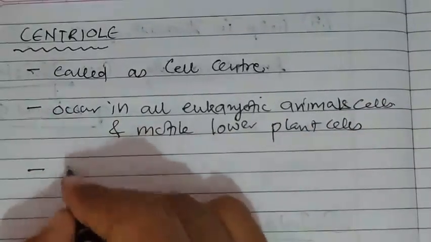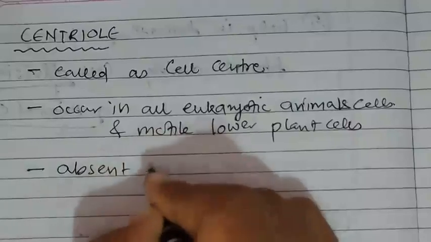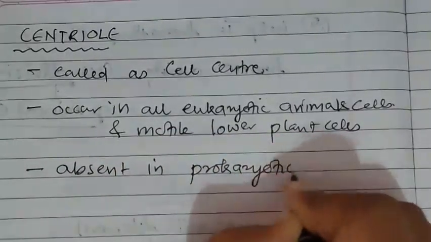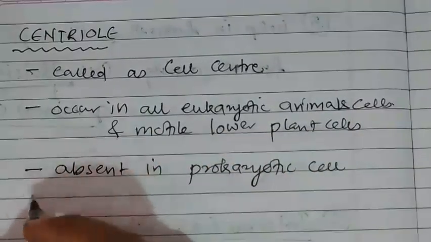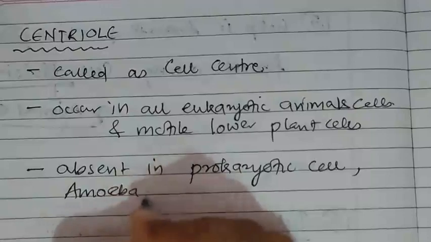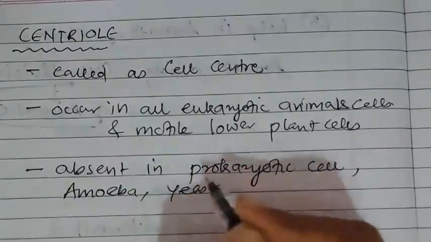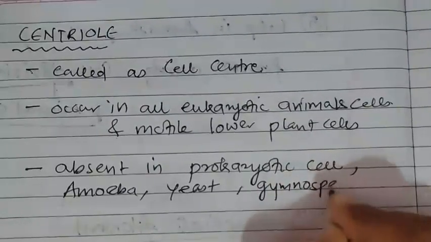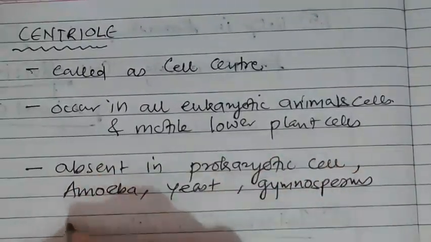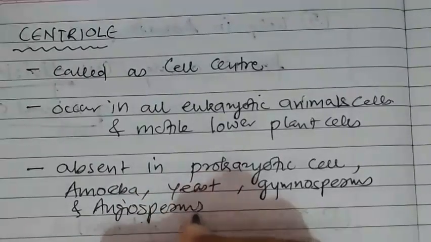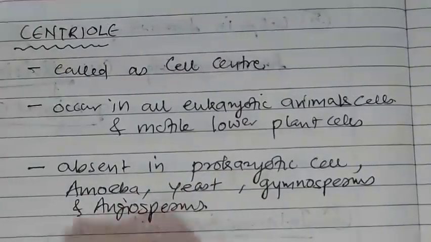But centrioles are absent in prokaryotic cells, amoeba, yeast, gymnosperms and angiosperms.